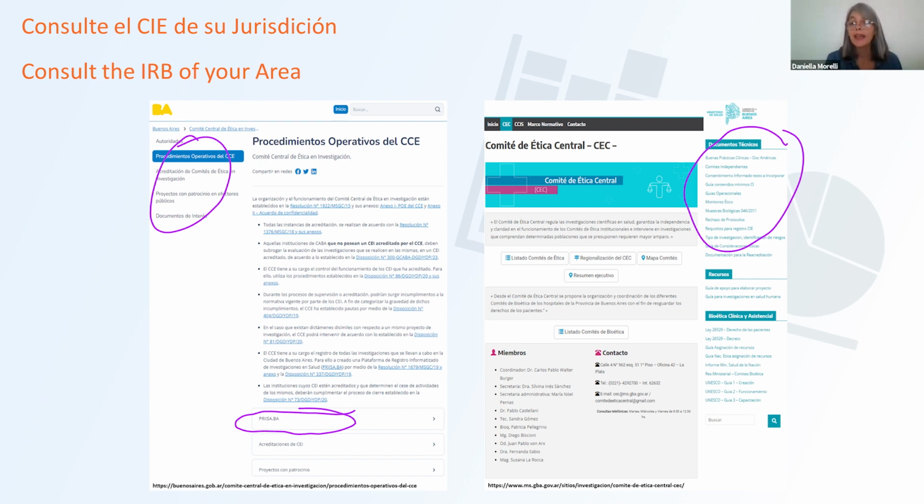Each committee has an in-house procedure, and they are not the same. I work in Argentina, Buenos Aires. I have centers in the province of Buenos Aires, within the state of Buenos Aires. The city of Buenos Aires is autonomous. So I have a committee which is centralized in the city and another one in the province.